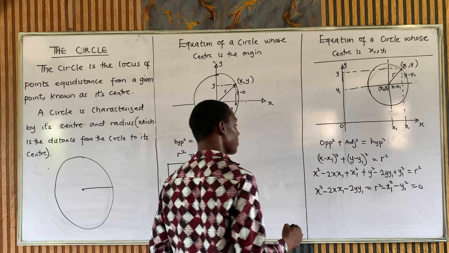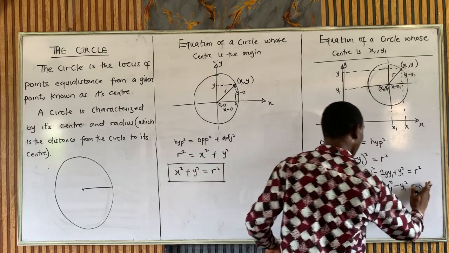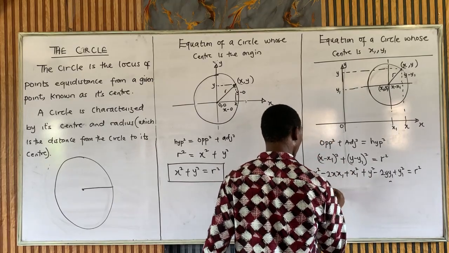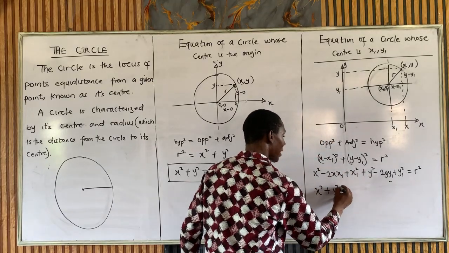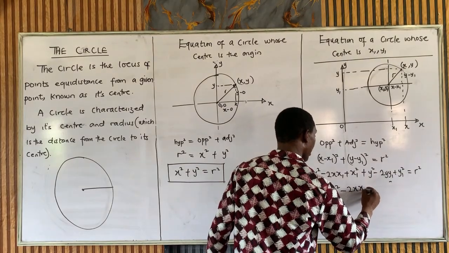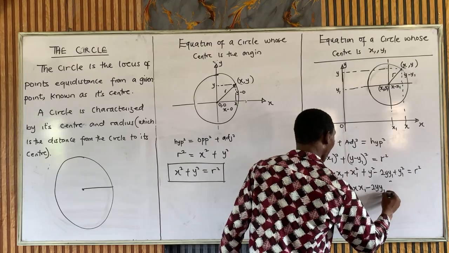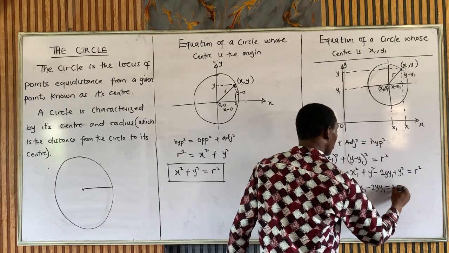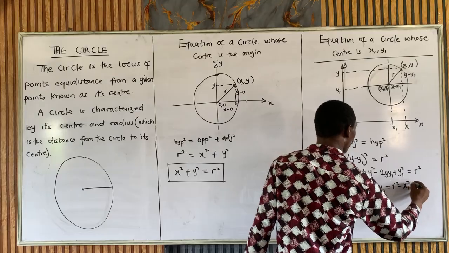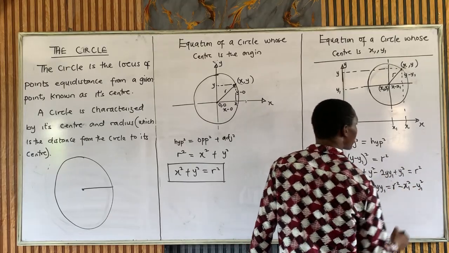Now we can say that, sorry, there's a mistake here. I omitted the y squared. Let's write again. So x squared plus y squared, then minus 2x x1 minus 2y y1 is equal to r squared, taking this one here, minus x1 squared, minus, taking this one here, will be minus y1 squared.